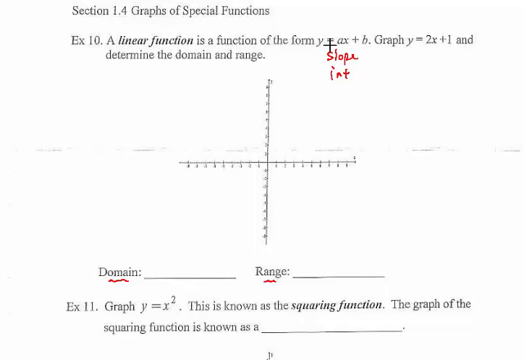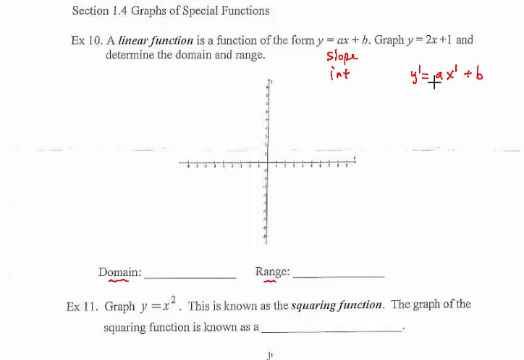But this is still a function in linear form, and the way you pick up on whether an equation is linear or not is by simply looking at the variables. If you look at the y, its exponent's 1, and then likewise the exponent of the x is also 1.